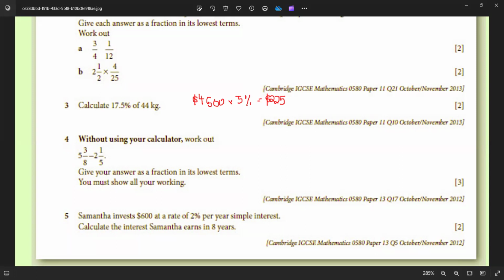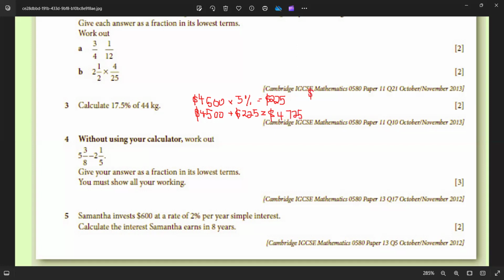Then for the second year, we'll take the money he borrowed plus the interest of the first year, which is 225, and we'll get 4,725.